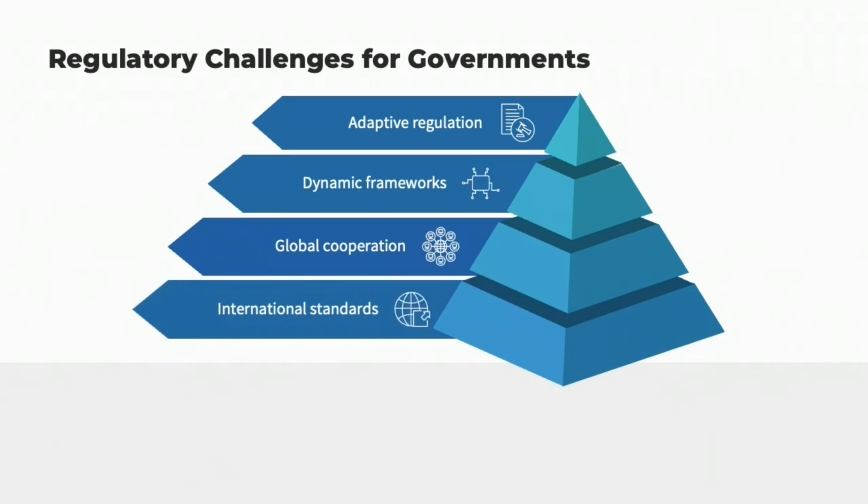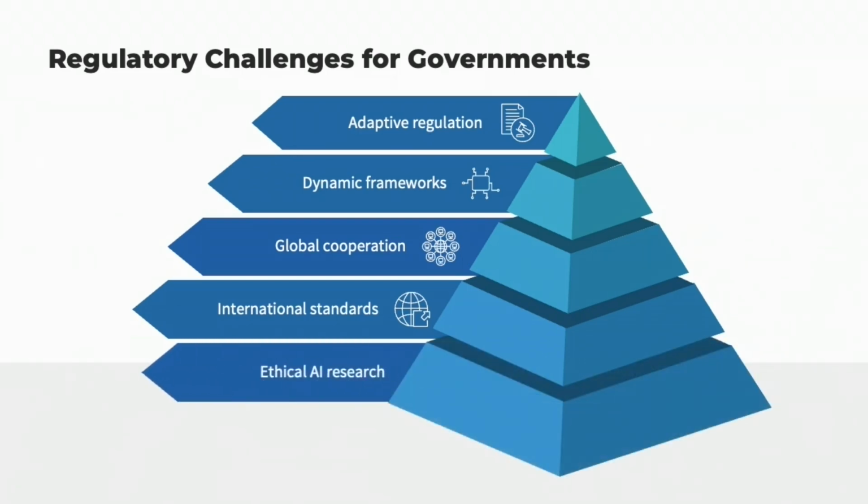International standards and agreements can help manage cross-border AI challenges like data privacy and security. Policymakers should encourage the development of ethical AI solutions through incentives and support for research. This includes funding for AI ethics research and promoting public-private partnerships in responsible AI development.